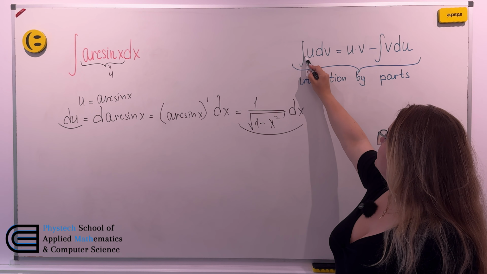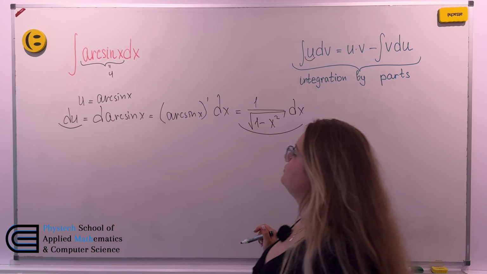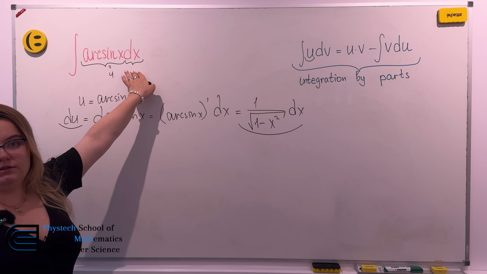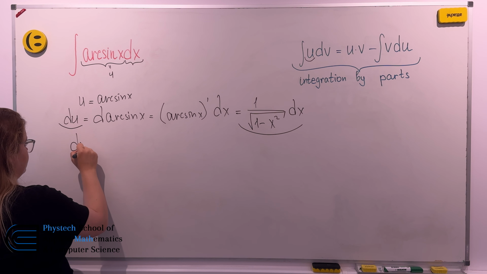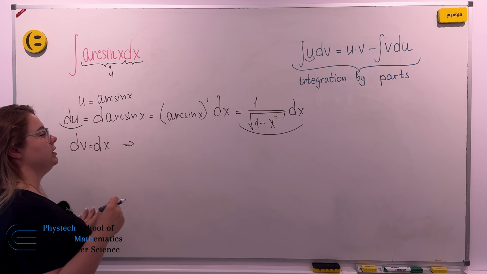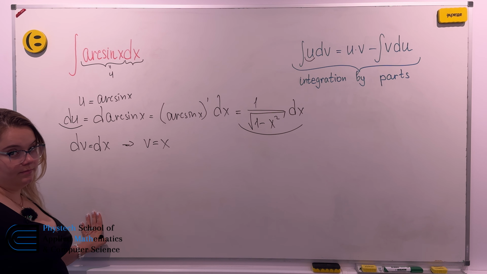And when we have chosen u, we need to find dv. And here we can see that dv is dx. So from here we obtain that v equals x.